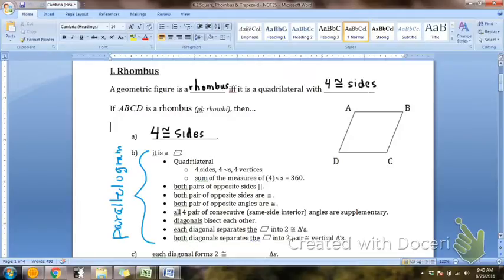Okay, so in addition, let's draw our picture here. We know all 4 sides are congruent.